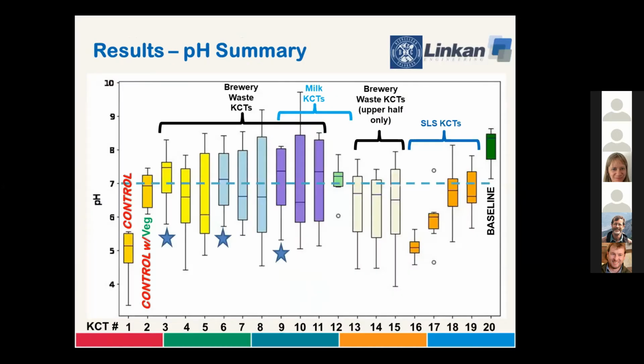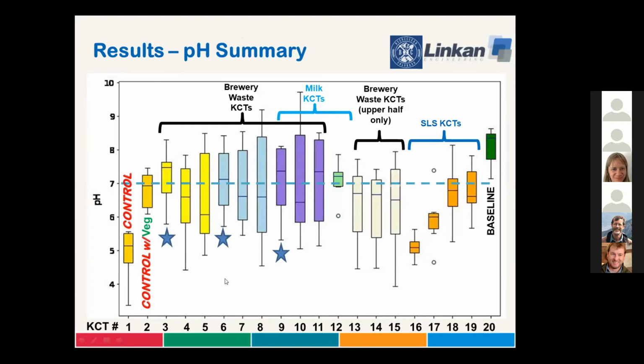So when we start looking at the pHs, again, we group things with the brewery waste kinetic cell test. There was a little bit of kinetic cell test using milk. And here we use kinetic cells of brewery waste only in the upper half. You can see that generally speaking, our 3 stars had some of the higher pH values, but not too high.